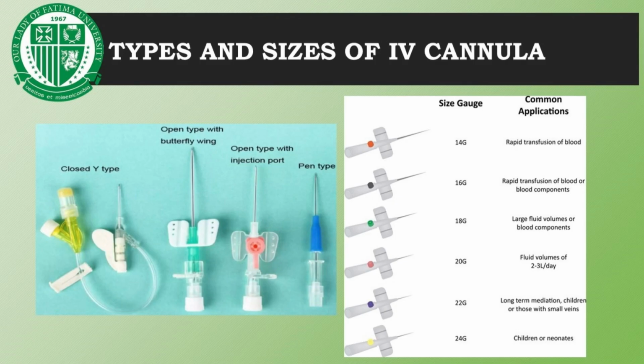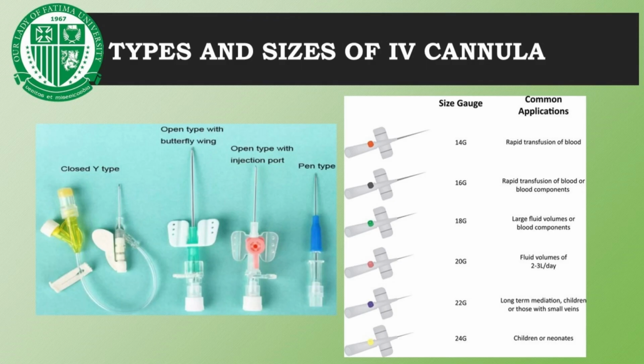Next, we have an open-type IV cannula with butterfly wings, commonly referred to as a butterfly needle or winged infusion set. It is widely used for short-term intravenous access due to its convenience and precision. Its gauge size typically ranges from 18-gauge to 24-gauge, depending on the intended use and patient requirements.